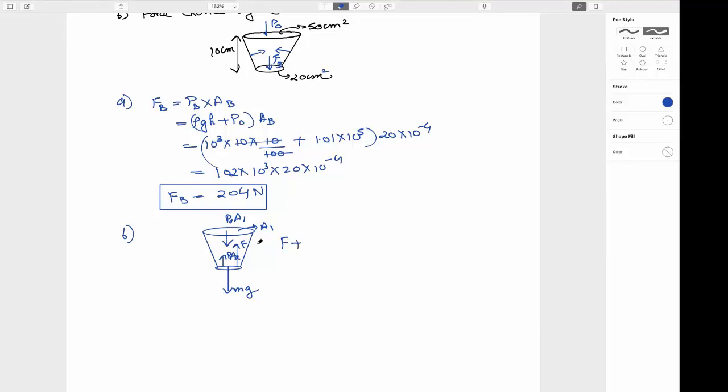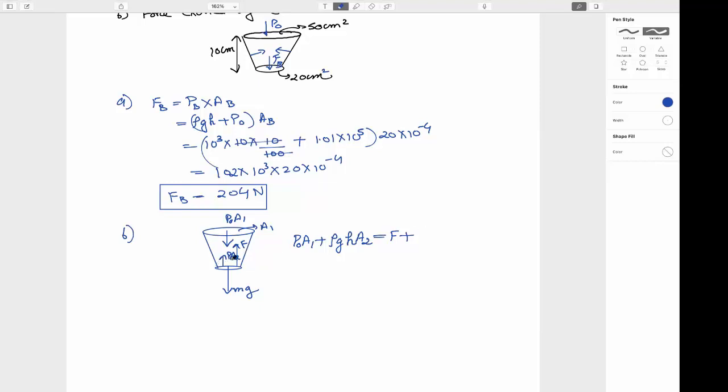So F plus rho GH is equal to P naught into A1. Sorry, P naught A1 plus mg. Rho GH is in the same direction. Rho GH A is the base area, is equal to F plus P naught.